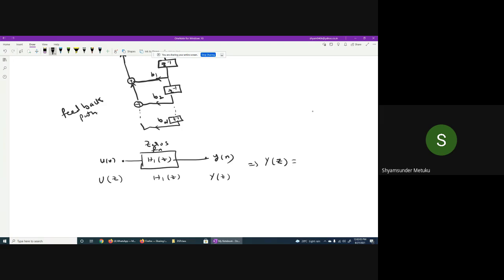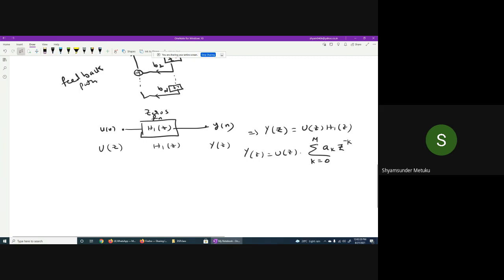Y of z is equal to U of z into H1 of z, correct? Where H1 of z is summation k equal to 0 to M, a_k z power minus k, correct? So y of z is equal to summation k equal to 0 to M a_k z power minus k U of z.